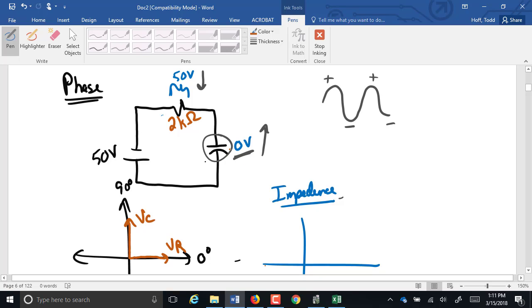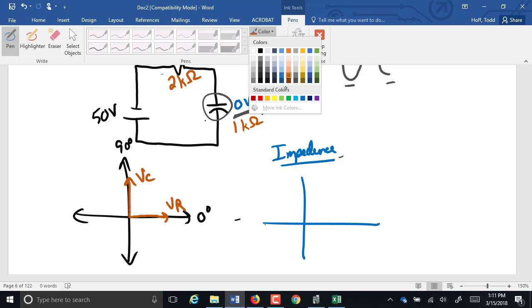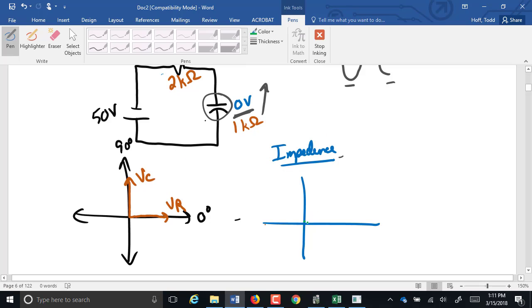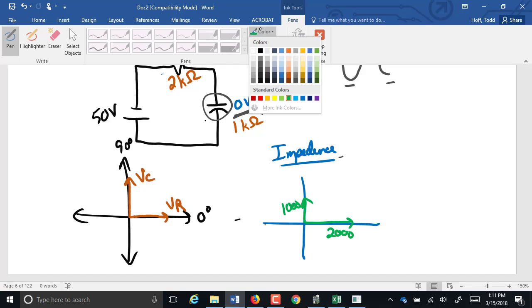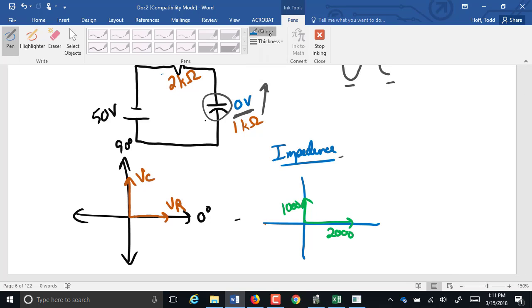Let's just say the equivalent impedance on that capacitor is 1 kilo ohm of impedance. So our total impedance is found. We've got 2 kilo ohms, 2,000 here, and 1,000 here. We find the resultant of those vectors. That's it right there.